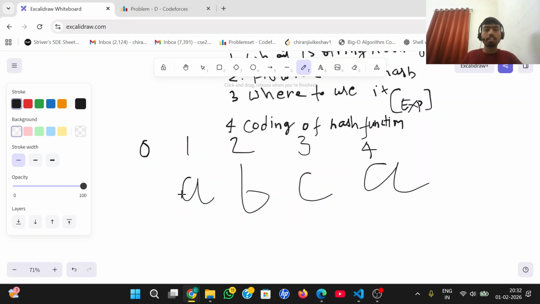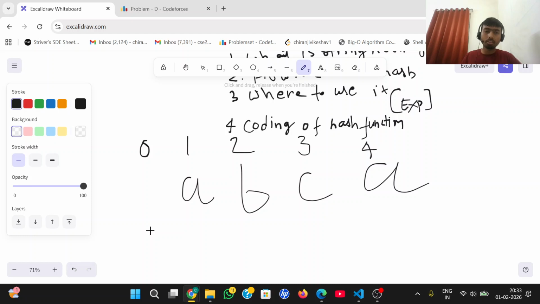Here you can see I have started indexing of the string from 1, not 0. It helps make the code simple. If you start from 0, then maybe you have to handle some edge cases in the code. So it is better to start with index 1.